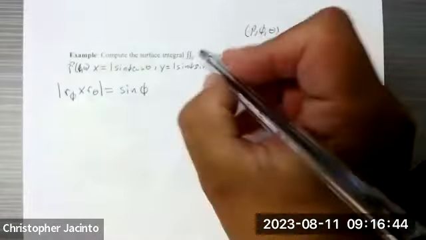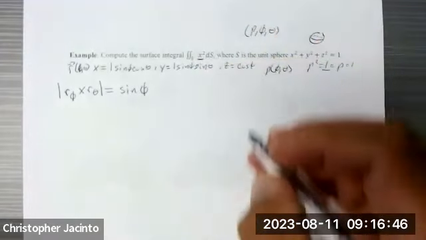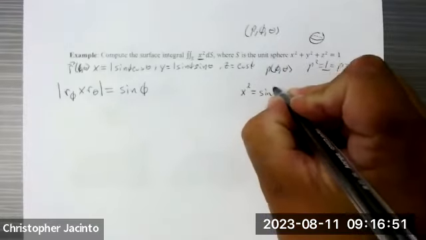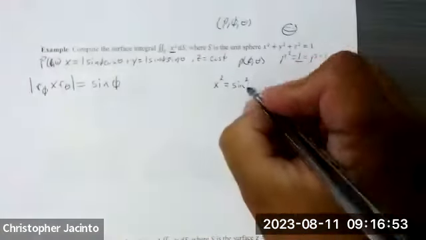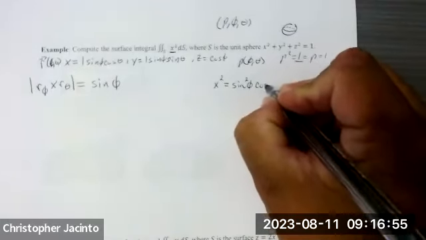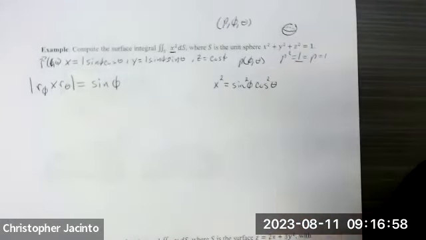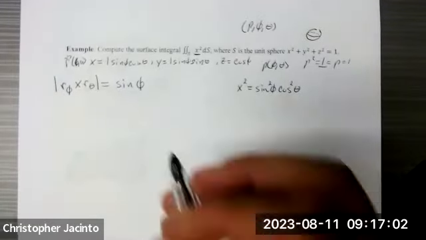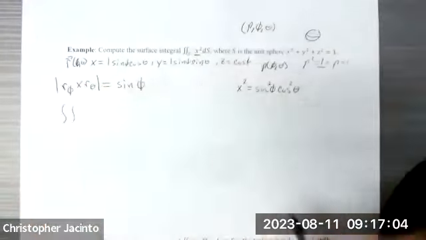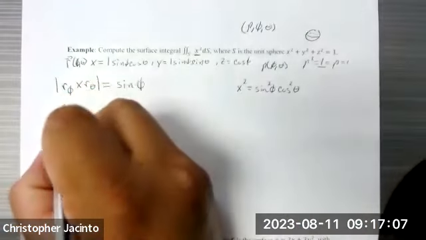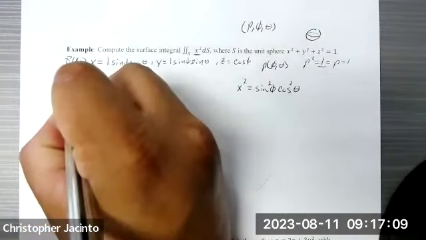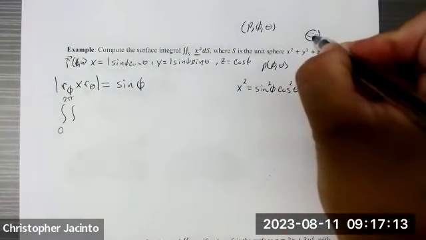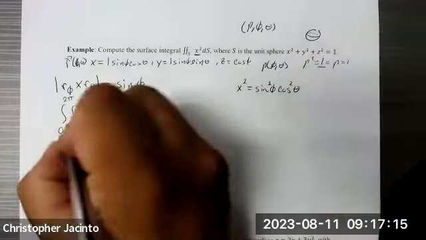Now we also have to convert our function. So x squared is equal to sine squared phi cosine squared theta. Now, when we do our double integral, the good thing is that because we have a sphere, theta goes from 0 to 2 pi, because it goes around the entire sphere, and phi goes from 0 to pi.